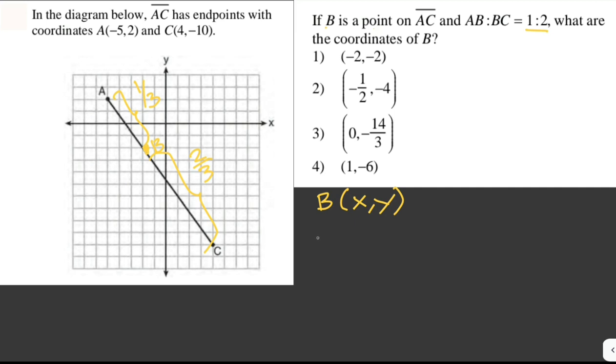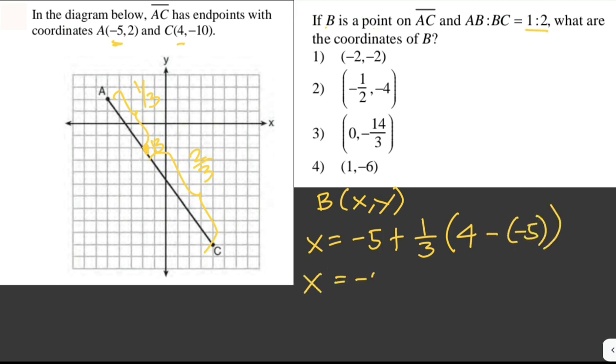So to solve for the x coordinate here, we just have to add the x coordinate of point A, which is -5, plus 1/3 of the difference between the x coordinates of points A and C. So that would be 4 minus -5.